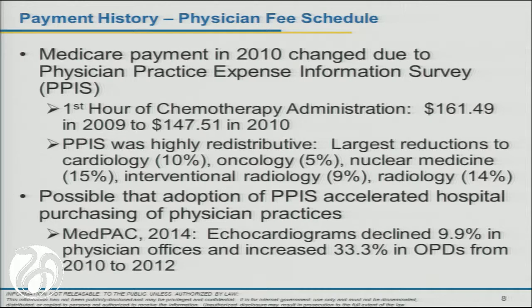And the reason for this was something called the Physician Practice Expense Information Survey. Without getting into all of the complex details, we were paying for physician fee schedule services based on a very large survey of physician practices called the Socioeconomic Monitoring Survey that was done by the AMA. They stopped doing that survey. We went for a number of years without having survey information to update physician fee schedule rates.